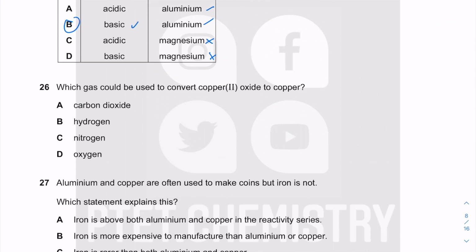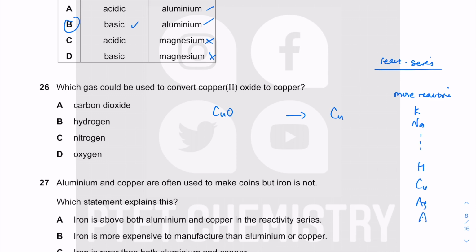26, how do you convert copper 2 oxide to copper? In the reactivity series, you have the more reactive metals, which like to lose electrons, on top: potassium, sodium, and so on. Then you have hydrogen, copper, silver, gold. So these are the less reactive metals.